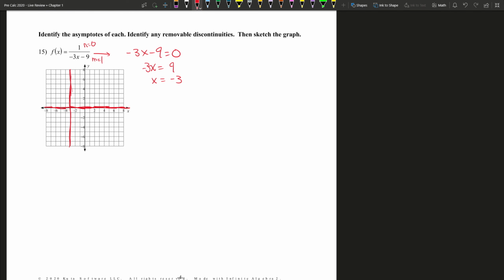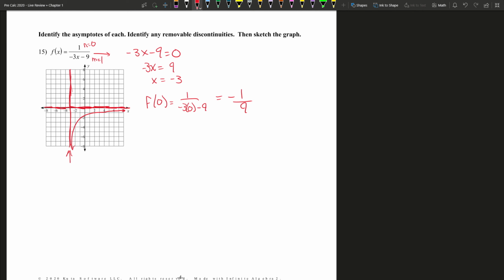And then from this, we can graph it. We need to see what's happening on both sides of our vertical asymptote, and see if that's above or below our horizontal value. So we can plug in 0. That's going to give us negative 1/9, which is below our horizontal asymptote. So our graph is going to look something like that on the right.